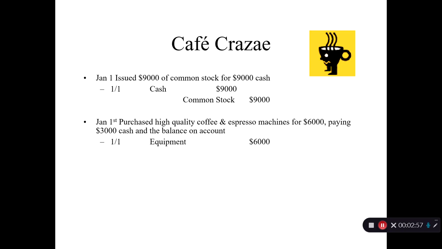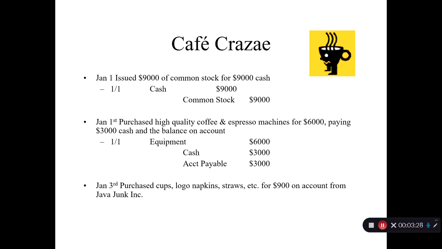Owe $3,000 on account, because $6,000 minus $3,000 cash is $3,000. So we're going to credit or decrease our cash account by $3,000 because our asset cash is going down. And we're going to create an account payable, which is a liability for $3,000 as well. So this entry here is known as a compound entry because we have more than two accounts. That's why it's compound. There's three here.